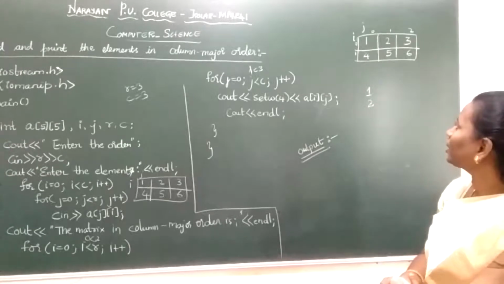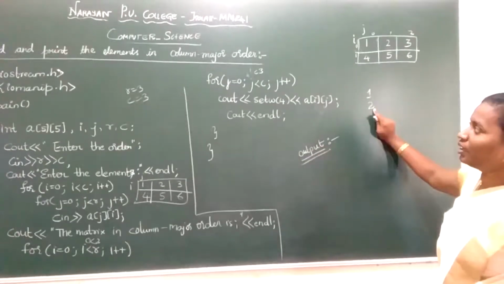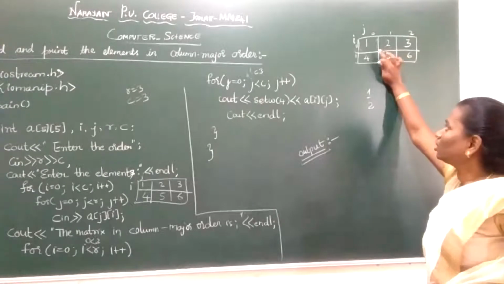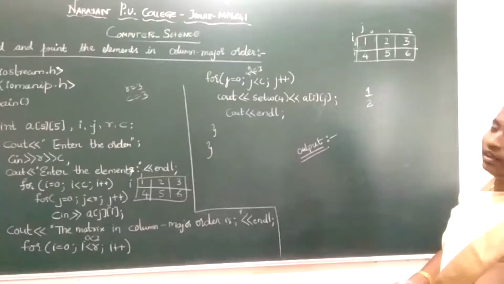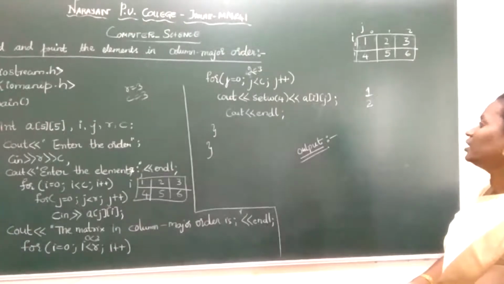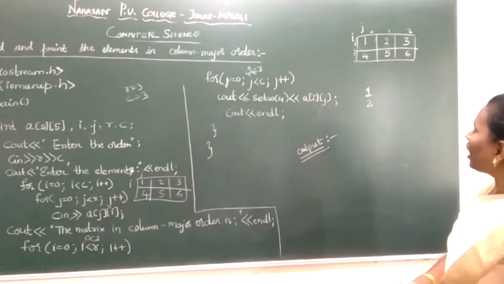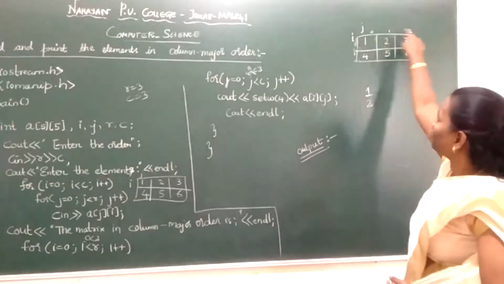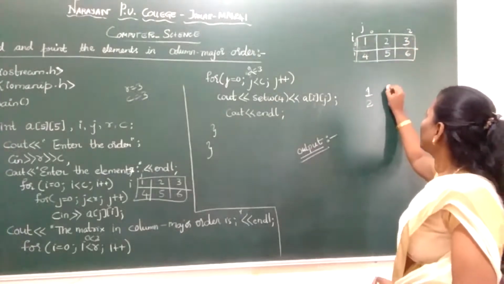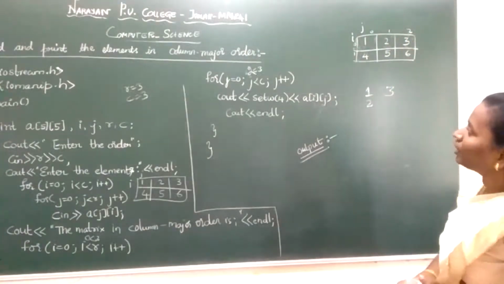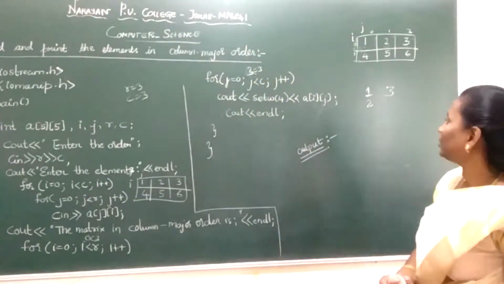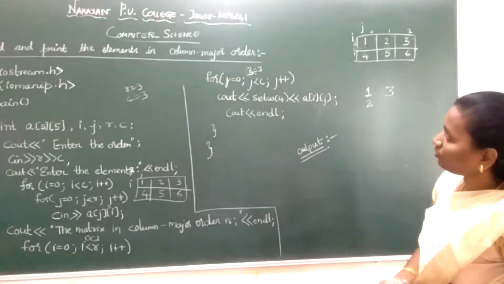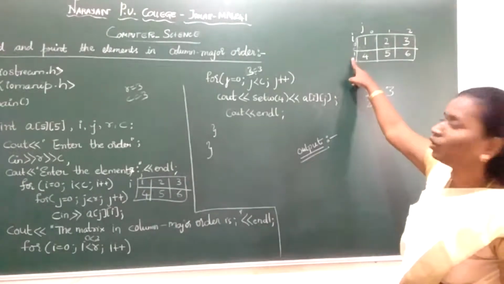Again j gets incremented to 2. 2 is less than 3, yes, the condition is satisfied. At 0 and 2 I have 3, so I should write here 3. Now j gets incremented to 3, and 3 is not less than 3. The condition fails. Again i value gets incremented to 1.